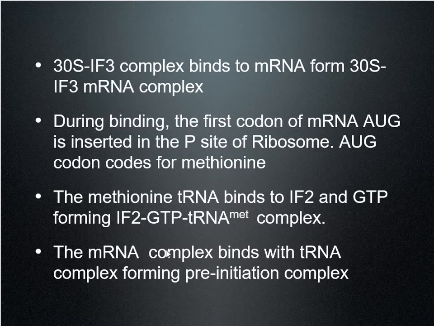Now, once the smaller subunit of the ribosome aligns with the codon AUG through the P site, from the cellular pool the tRNA which carries methionine binds to initiation factor 2 and GTP, forming a tRNA complex.